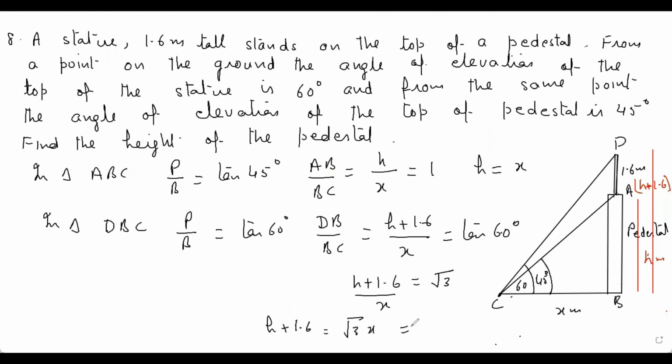Instead of this x, we are going to write h. So h plus 1.6 is equal to root 3 h. On the next page, I'll find the value of this h.